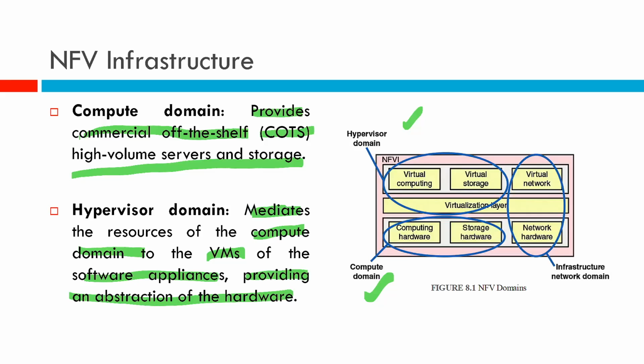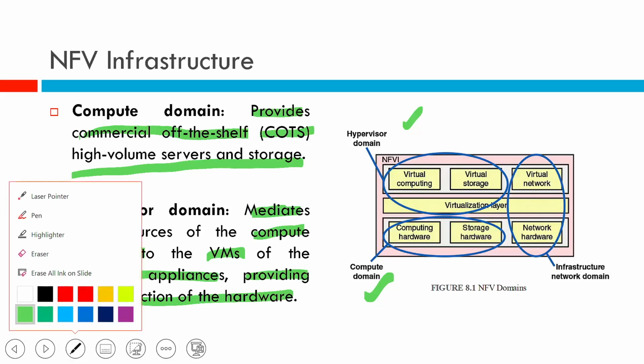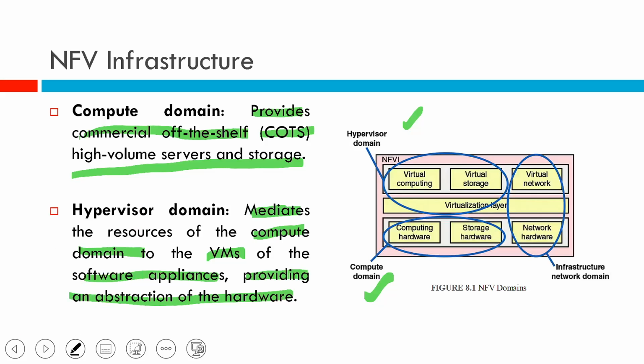So what is meant by abstraction here? Nobody knows how these functions work underneath. The hypervisor does the job of all kinds of virtualization tools, and that comes under the network functions that we write as software and then implement inside the virtual machine. This is a hypervisor.